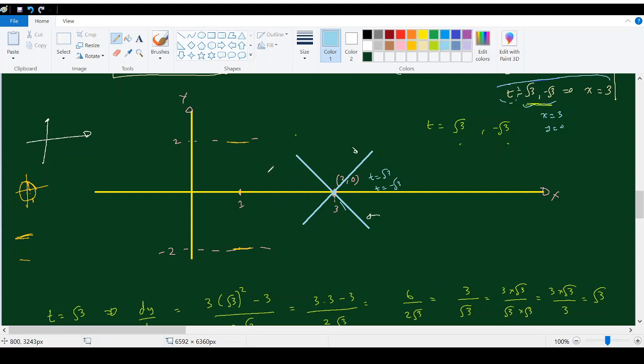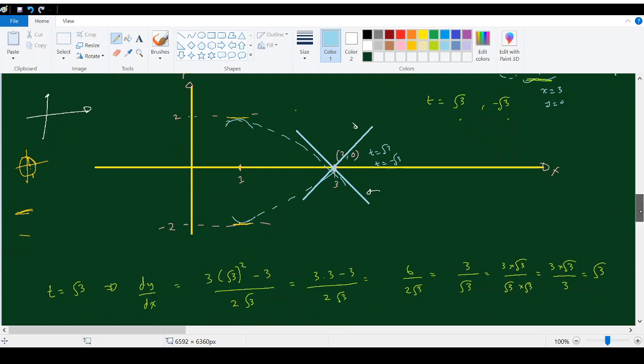So from the information that we obtained from the second part, we can see that the curve will be of this nature, right? So now we can kind of obtain an exact shape for this curve.